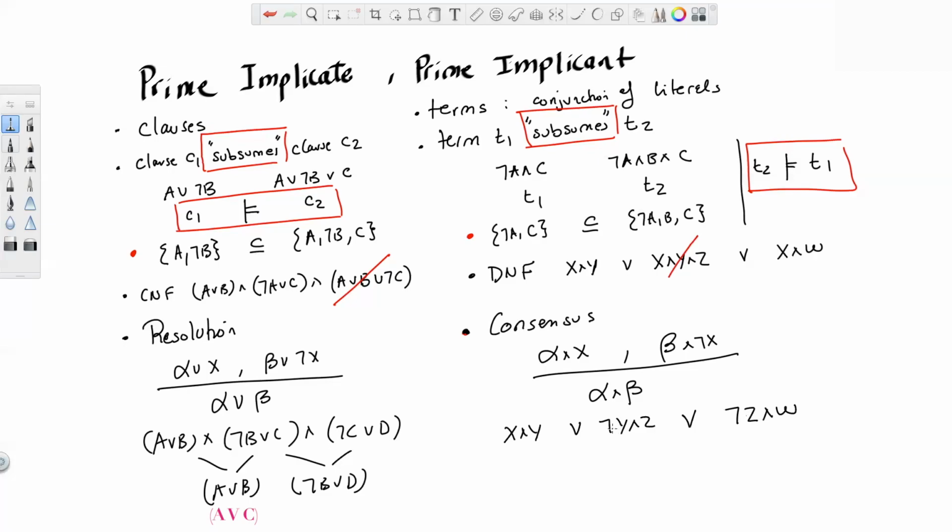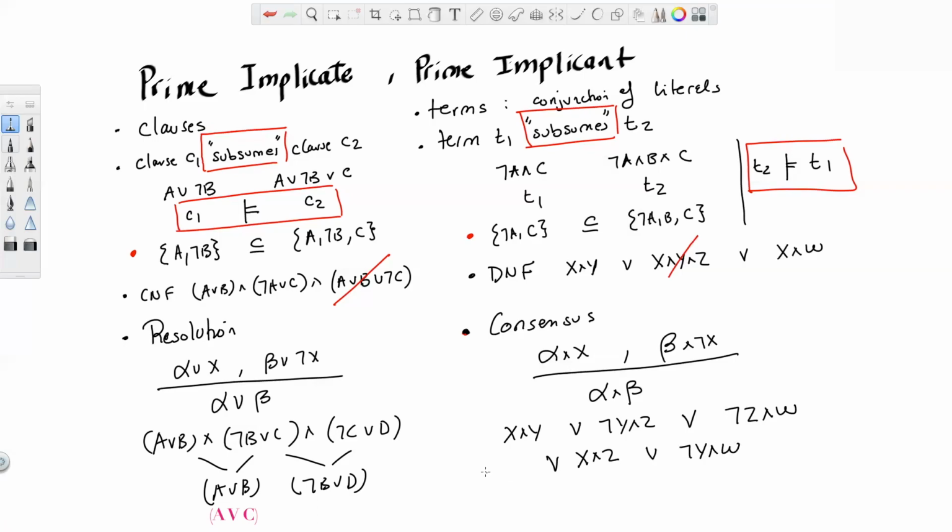If you look at this term and that term, I have Y here and not Y there. That means I can go ahead and add another term, which is just X and Z. That doesn't change the logical content of this formula. And here's another opportunity for doing consensus on Z. I can add not Y and W.